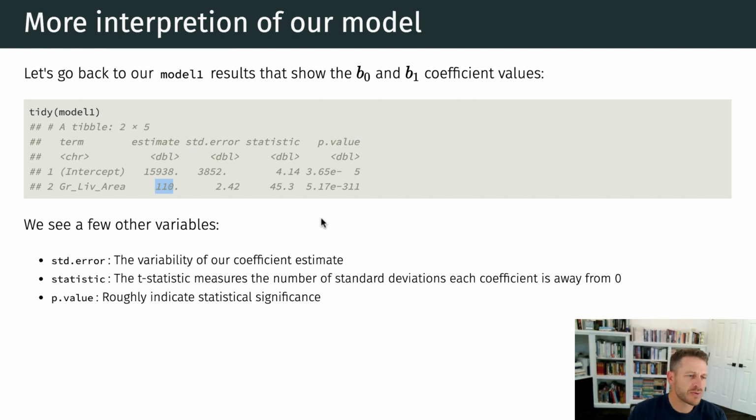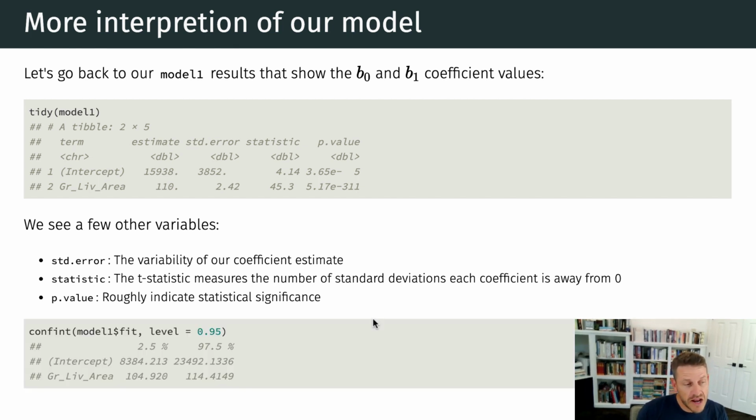So lots of times when we talk about the p-value, we do think about this in reference to 0.05, and that just means that we have 95% confidence that our coefficient is different than 0. Now, another way we can look at this is to actually get the 95% confidence intervals of our coefficient. And we can do that by using this conf_int function.